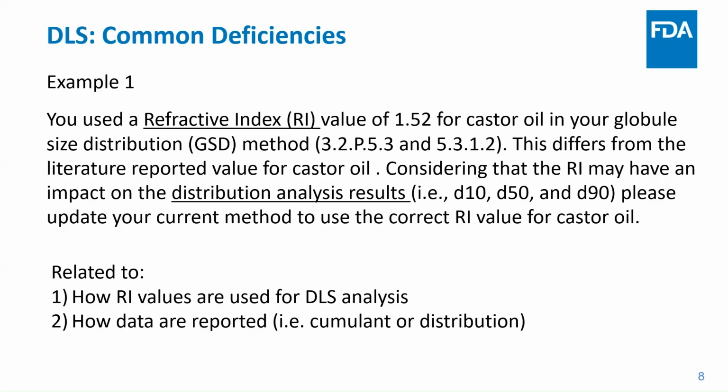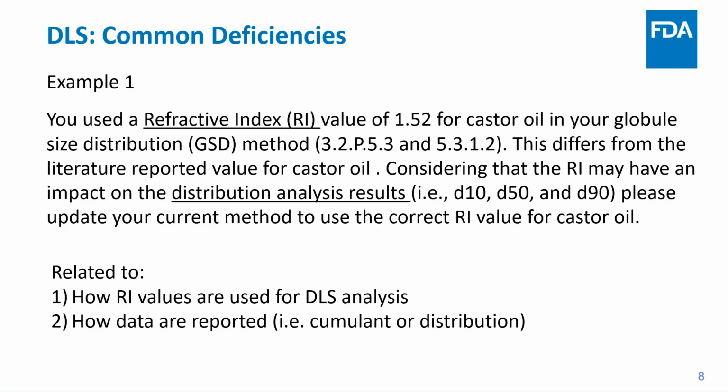That's the reason there's this question about RI. And we have seen many common problems. Typically it's a mixture of: did they use the correct RI for the dispersant? Did they use cumulant or distribution analysis? And typically when the two mix, that's where confusion occurs and where problems occur.